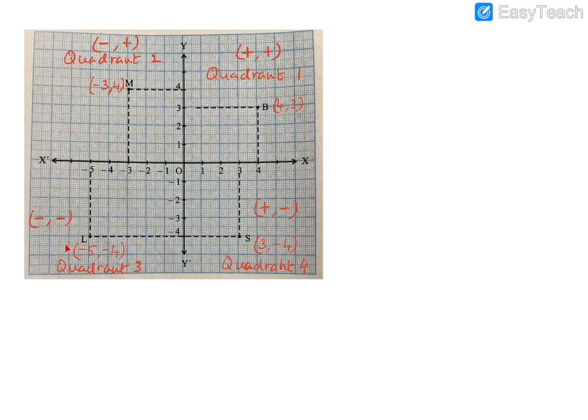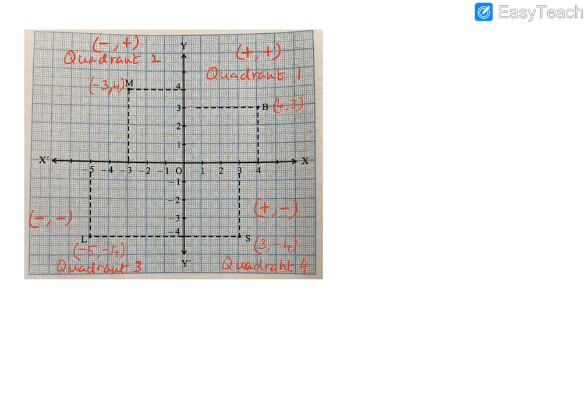If both coordinates are negative, the point lies in the third quadrant. And if the x coordinate is positive and the y coordinate is negative, then the point lies in the fourth quadrant. Okay, this is another observation that we notice.